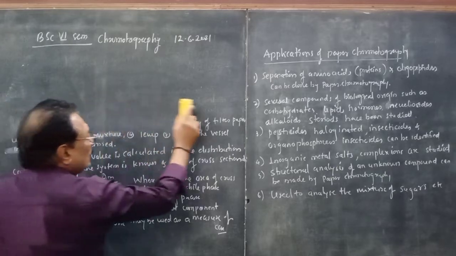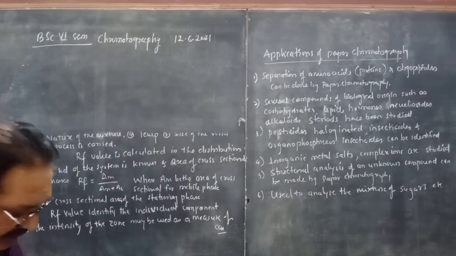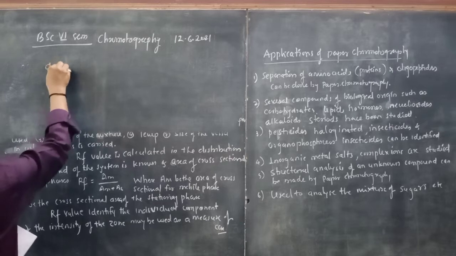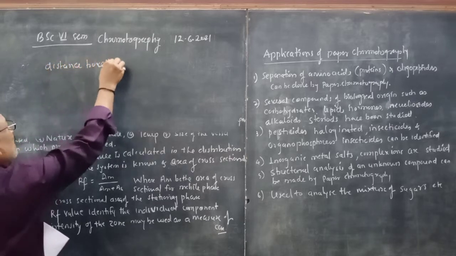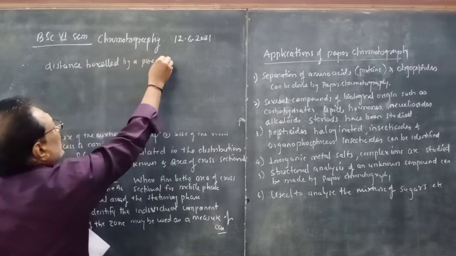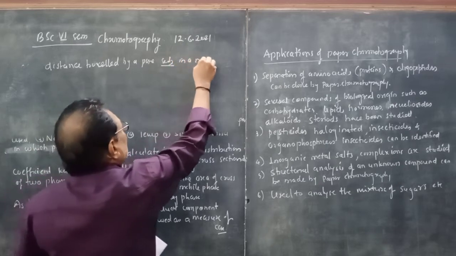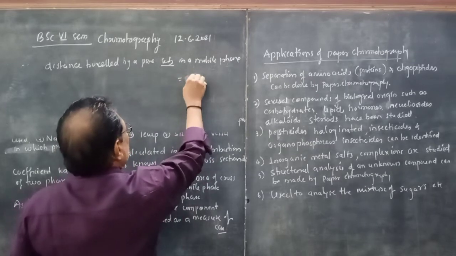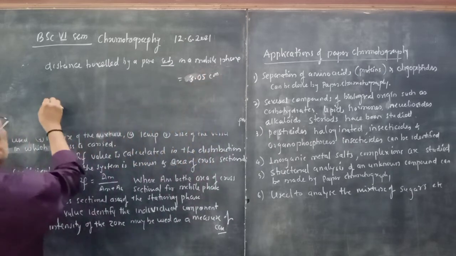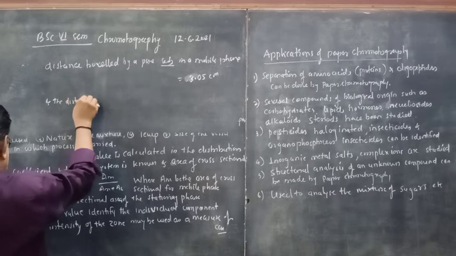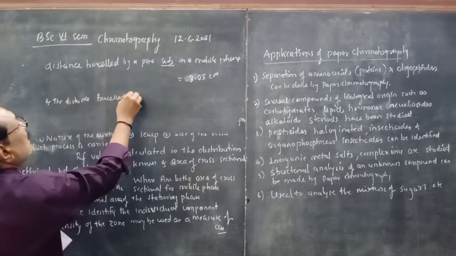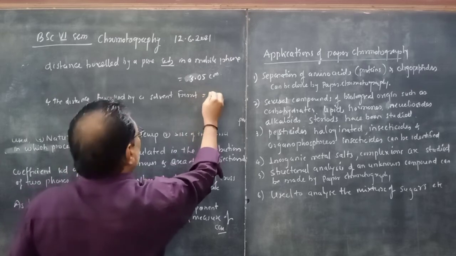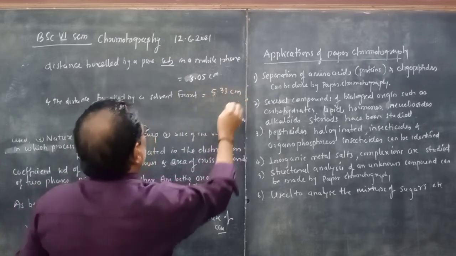Now we go for the calculation of the RF value by taking some examples. Say the distance traveled by a pure substance in the mobile phase is 3.05 centimeter, and the distance traveled by the solvent front is 5.33 centimeter.